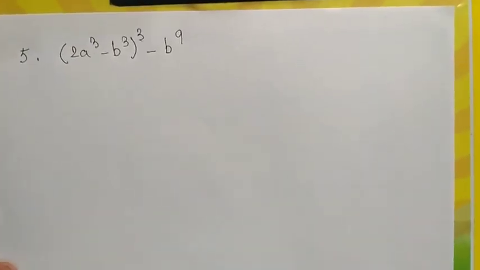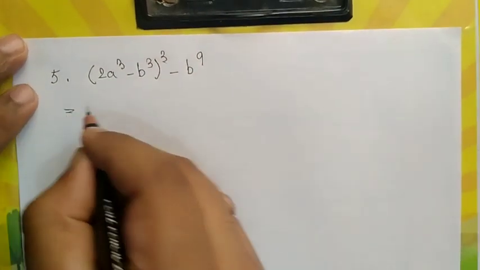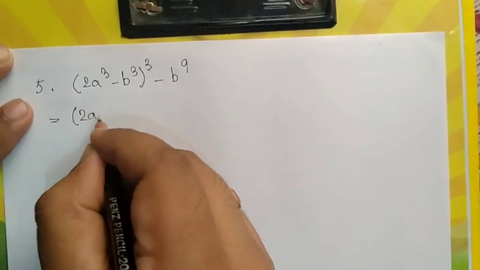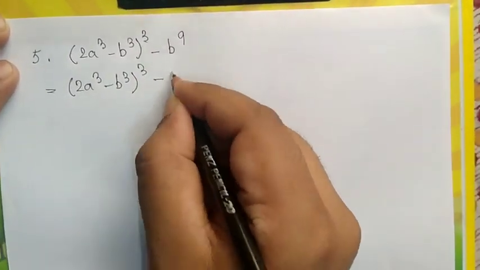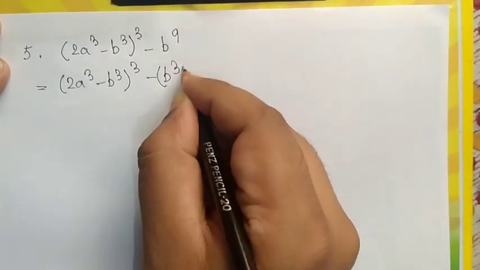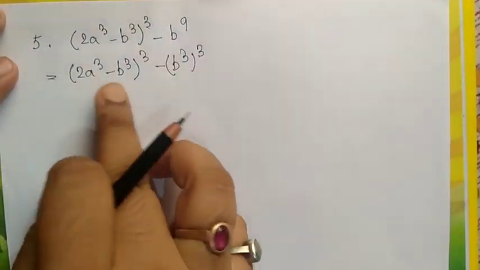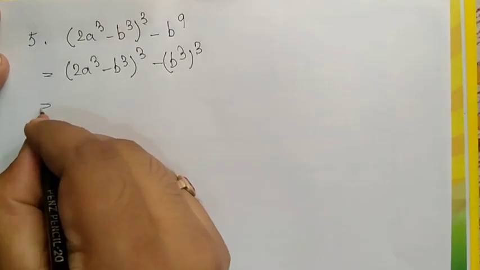This is sum number 5, 2a cube minus b cube whole cube minus b cube whole cube. A cube minus b cube formation.